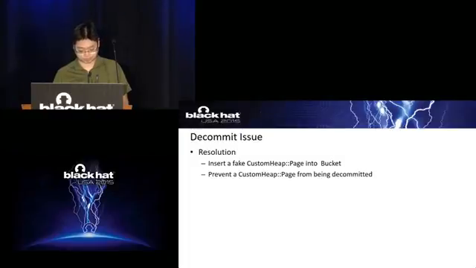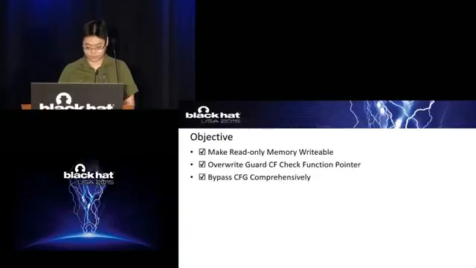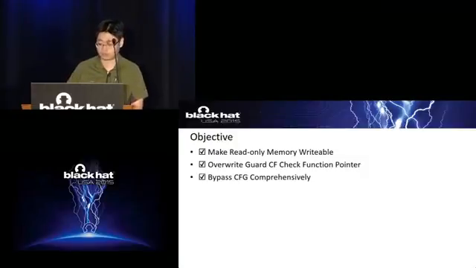That is, to modify some flag in the custom heap object. So now we can make any read-only memory writable. That is to say, we can overwrite the guard check function pointer with anything we like. That is to say, we can bypass CFG comprehensively.